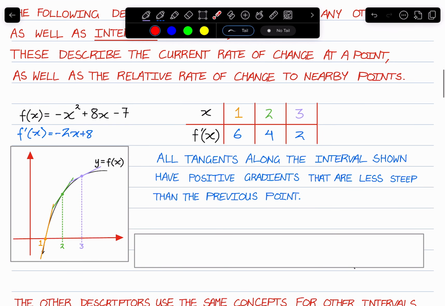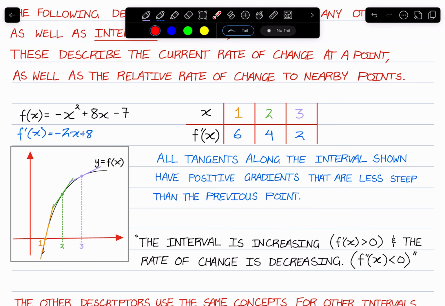So all tangents along this interval shown have positive gradients that are less steep than the previous point. As I said, these gradients are decreasing. Now, to really specify what I'm saying, remember that gradients are the rate of change, but the rate that the rate is changing is decreasing.